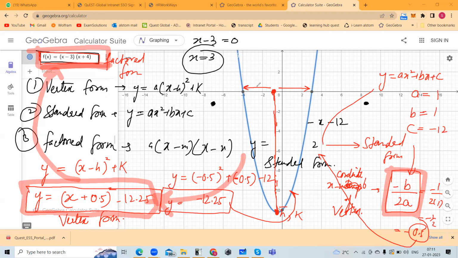If I create an imaginary line here, cutting it into two parts, they're both the same distance. So if the distance from here is 2 units, it'll be 2 units here also. If it's 3 units, it'll be 3 units. If it's 1 unit, it'll be 1 unit, right?